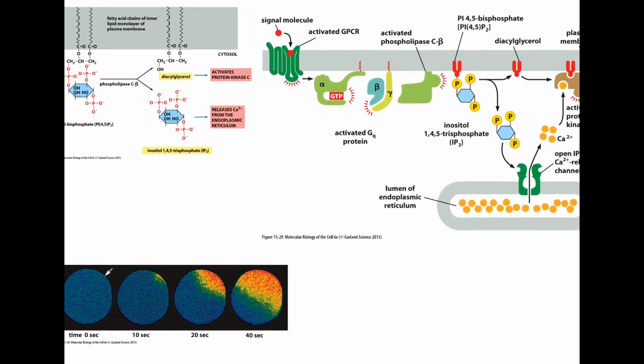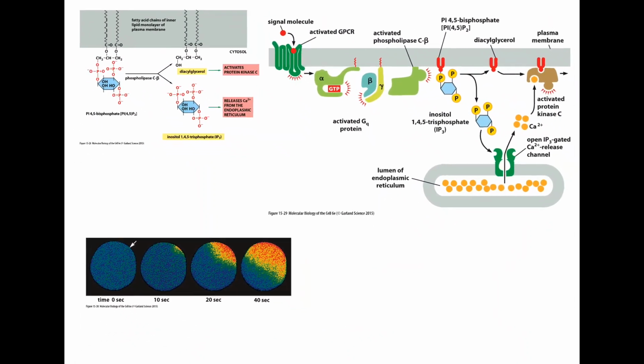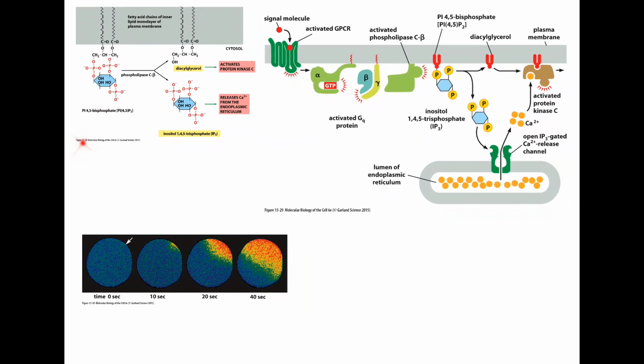So in this set of figures, we have figure 15.28 in your text, which identifies the catalytic mechanism associated with that activity that was activated by alpha Q and the beta gammas in some cases. The substrate of phospholipase C is shown here. In this case it is PI 4,5 bisphosphate, our old friend PIP2.